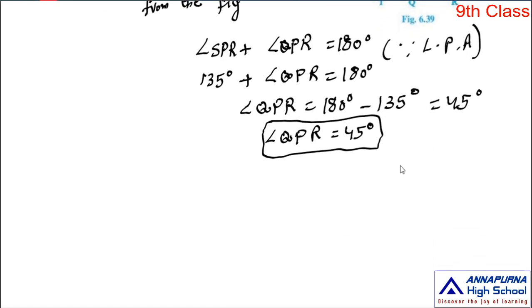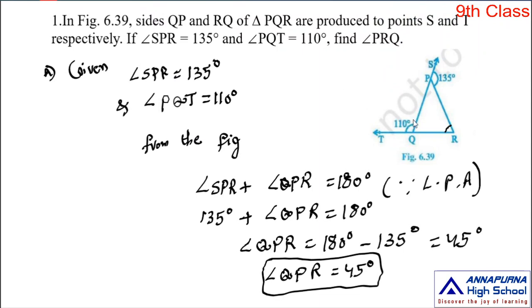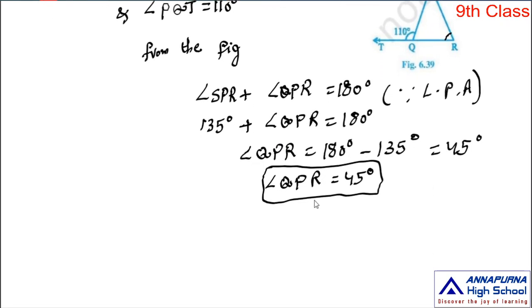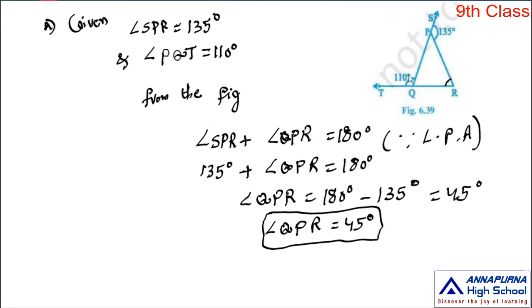Next, again see the figure. By using the exterior angle property, one exterior angle is equal to the sum of the two opposite interior angles. So exterior angle TQP is equal to angle QPR plus angle PRQ.